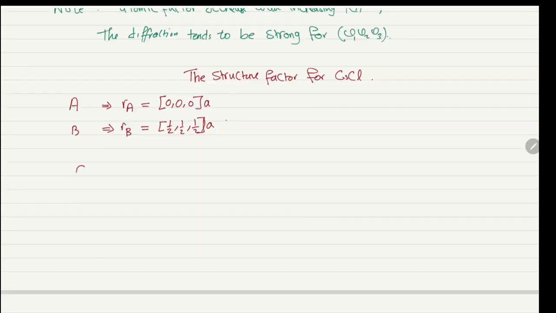Therefore, G in this case is equal to v1, v2, v3 times 2 pi over a, where the v_i are all integers.